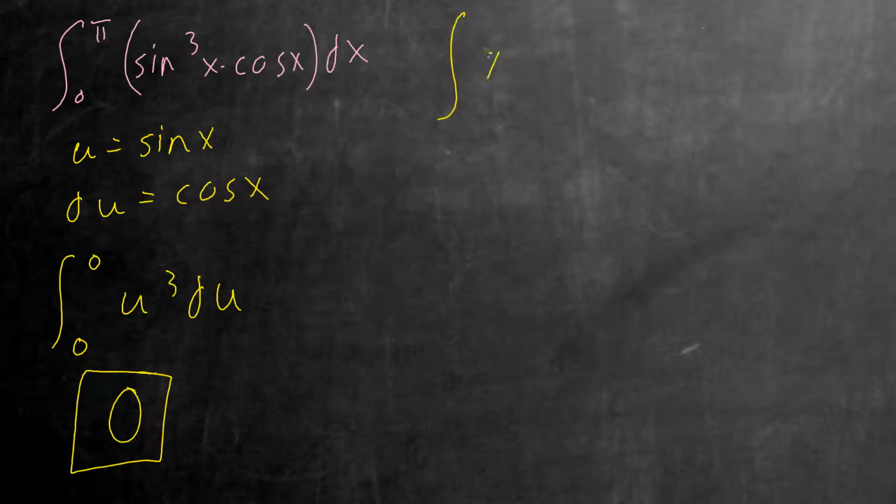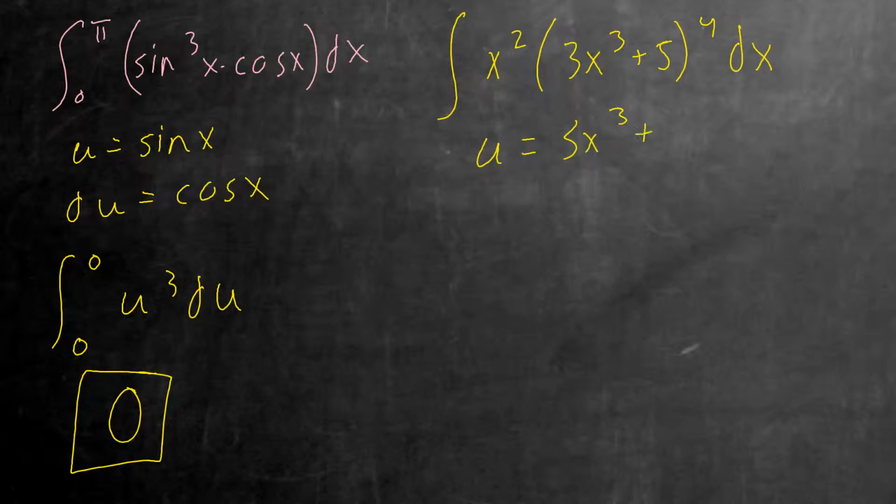The integral of x squared times 3x cubed plus 5 to the 4th dx. My furthest inside has got to be something to the 4th power. So u is 3x cubed plus 5. My derivative of that guy is 9x squared. So I've got an extra 9 here, so I've got to put a 1/9 outside.